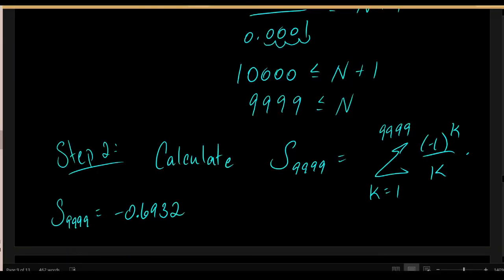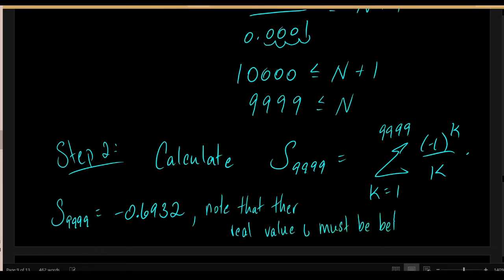Which I'm going to round to, let's say, 4 decimal places. So here is our estimate, and note that that implies that the real value L must lie within 0.0001 units of this sum that we calculated.